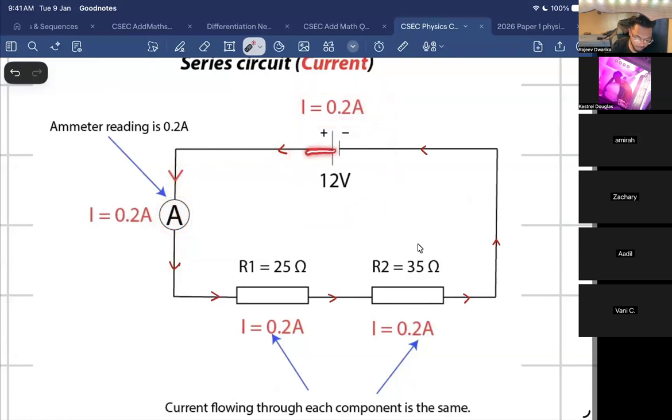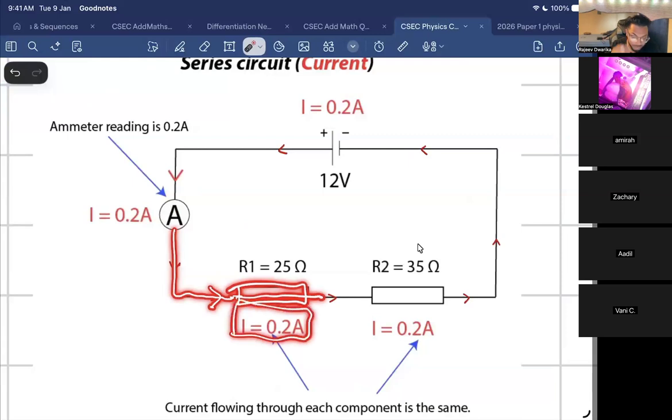Right. The current only has one path to take. So when the ammeter reads it, what's the current the ammeter tells you? 0.2. Right? And the current only has one path it could take, so it continues going through. So what is the current flowing through this resistor? 0.2.